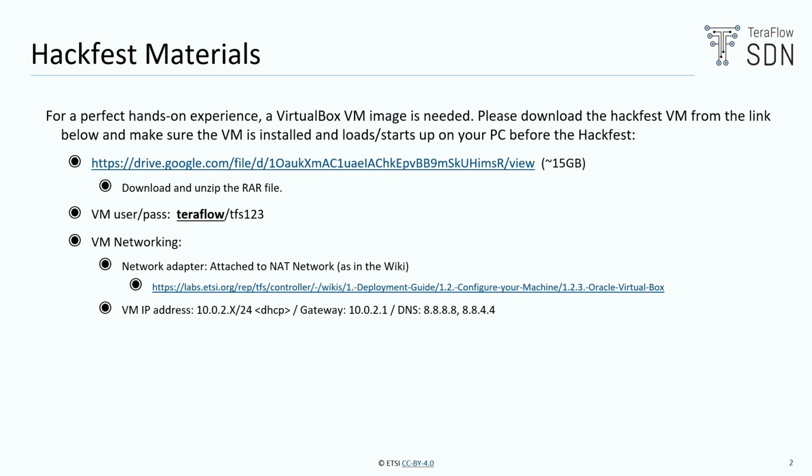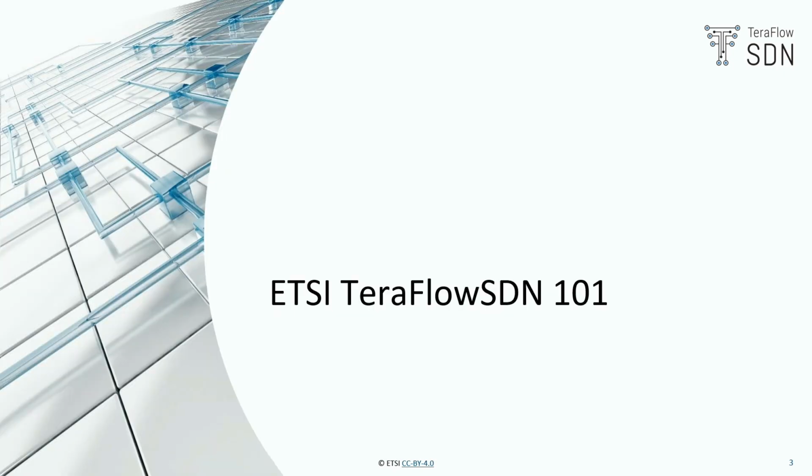In this case, it's the NAT network, configured as in the wiki. You have the details here. I will not spend time here. The IP address is configured to be dynamic, so you will get a DHCP address for that. I guess that's all. Probably Panayotis will bring you additional details later, so I don't want to spend more time on that. I will jump directly to the introduction.